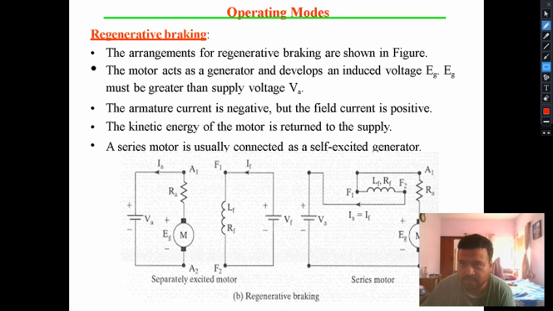The speed during motoring is K1 K2 IF into N is equal to VA minus IARA.